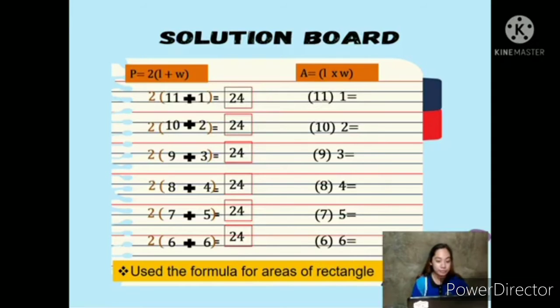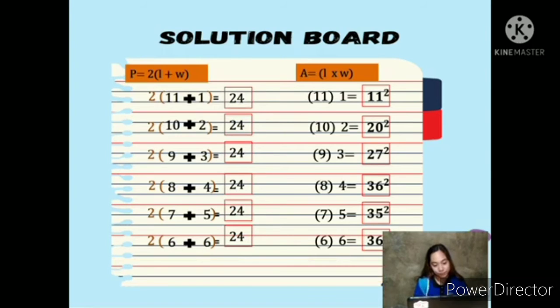So, 11 multiplied by 1 is equal to 11 square units. 10 times 2 is equal to 20. 9 times 3 is equal to 27. 8 times 4 is equal to 36. 7 times 5 is equal to 35. And 6 times 6 is equal to 36.